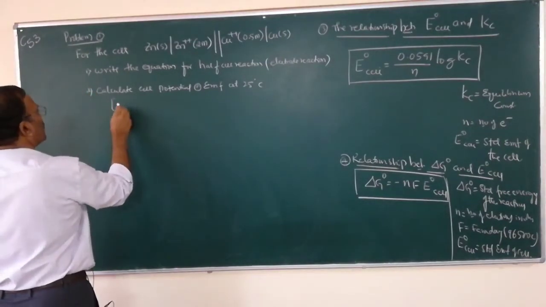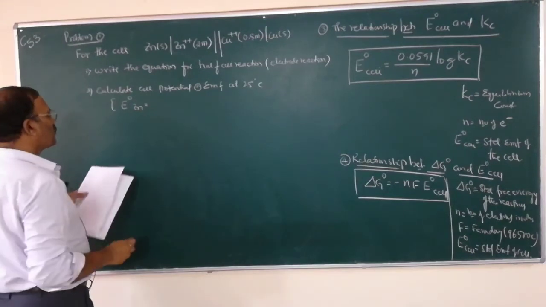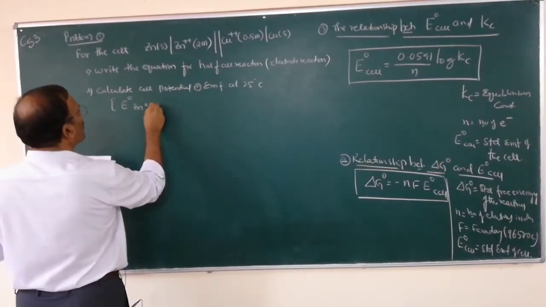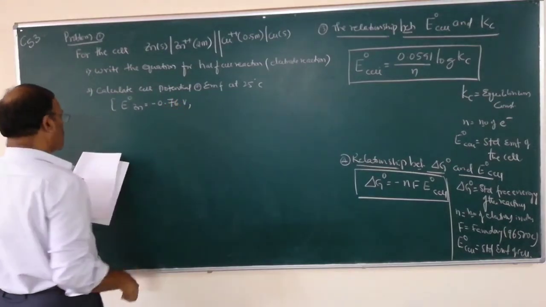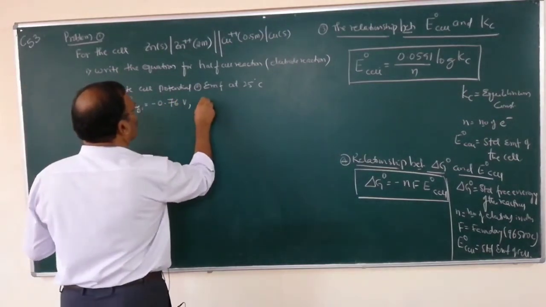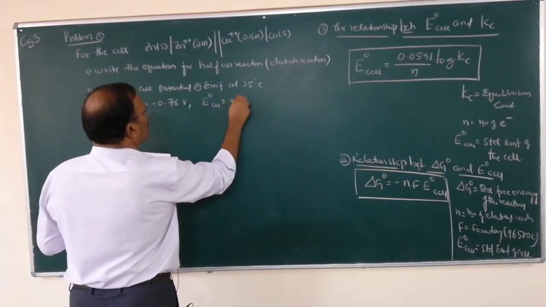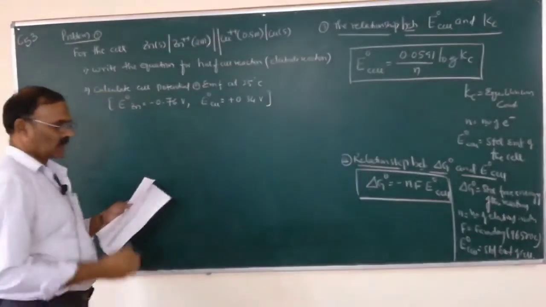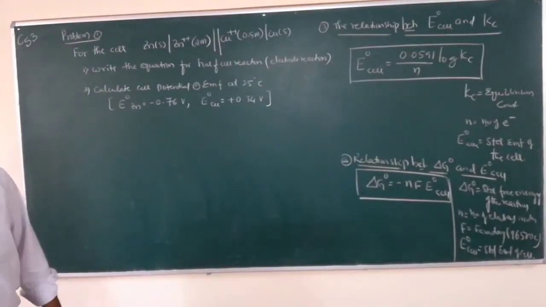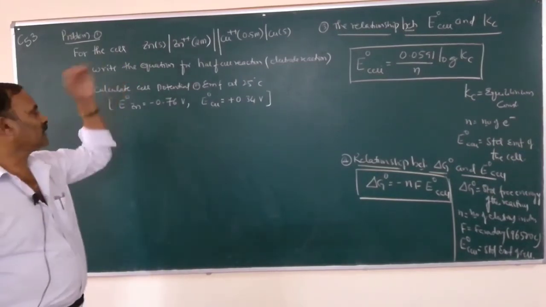Given in brackets, E naught of Zn, the standard electrode potential of zinc, equals minus 0.76 volts, and E naught of copper equals plus 0.34 volt. So this is the problem given, and also this is the cell.